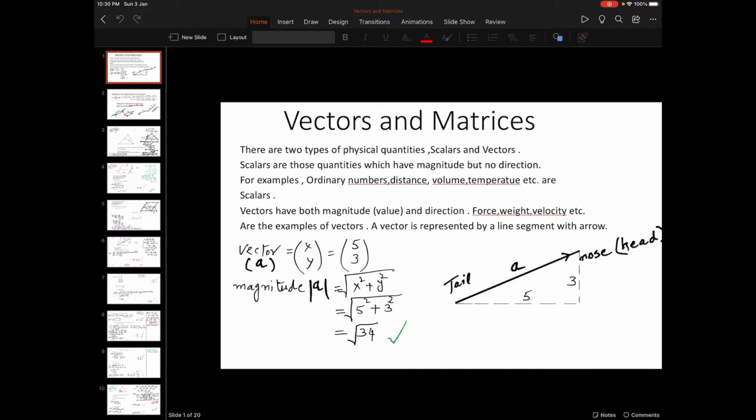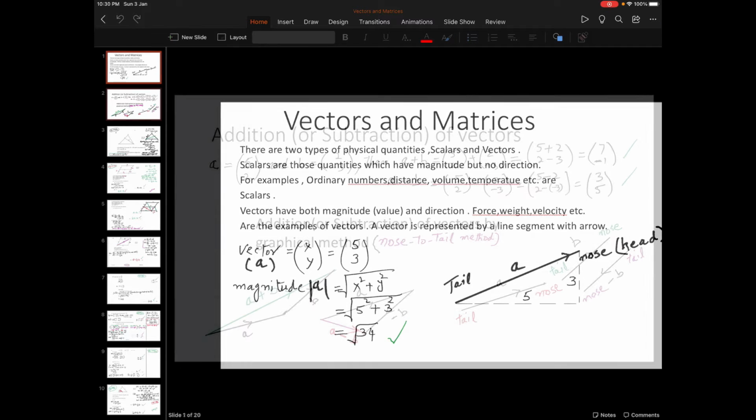Now substitute the values of x and y. We have modulus A, or the magnitude of vector A, is equal to the square root of 5 square plus 3 square, which is equal to root 34. That is the magnitude of the given vector.